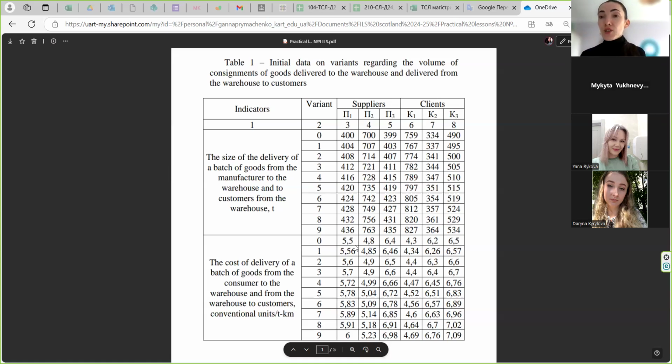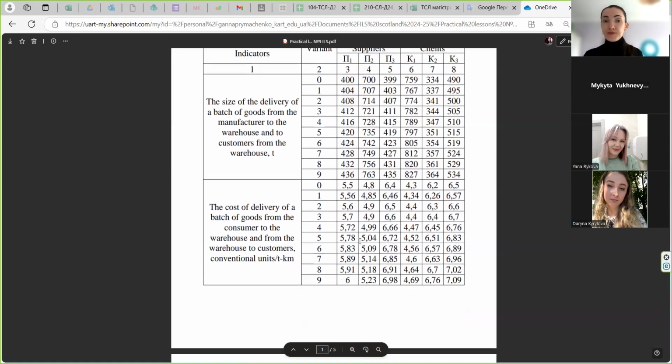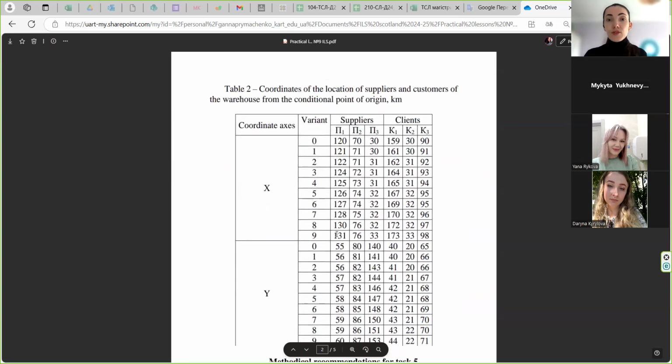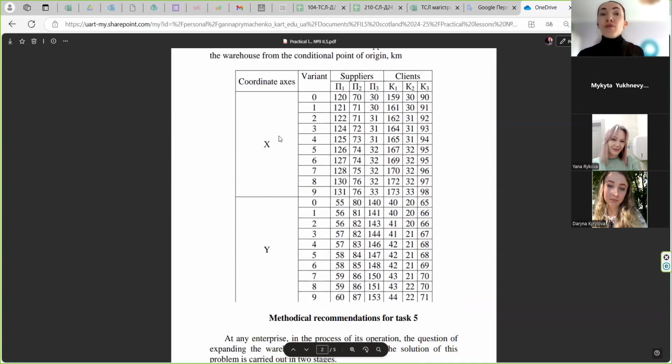For distance, I need to open table number 2. Okay, I opened it. For example, if you have the first variant, you need to remember that we need the coordinate. Now we calculate only for the coordinate axis x. So we need to use only the second line of our table number 2.